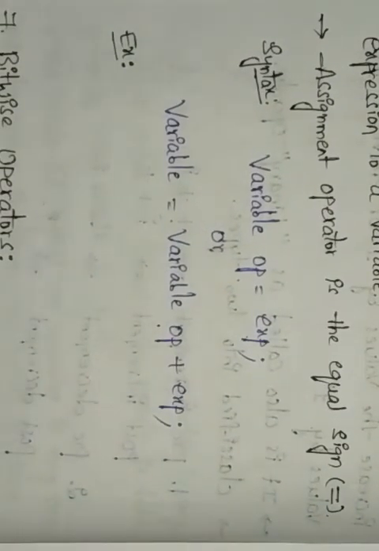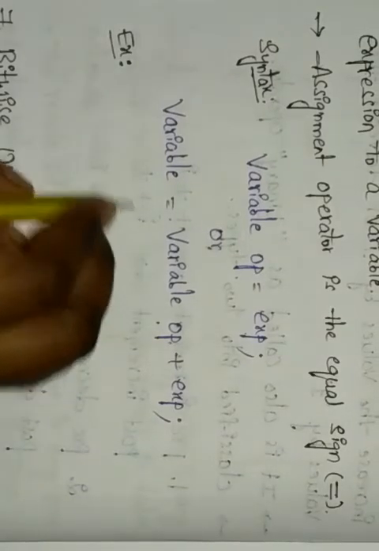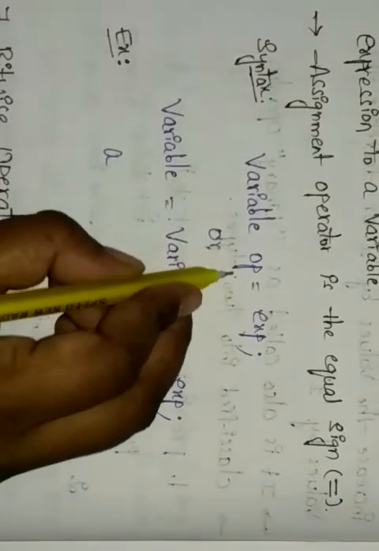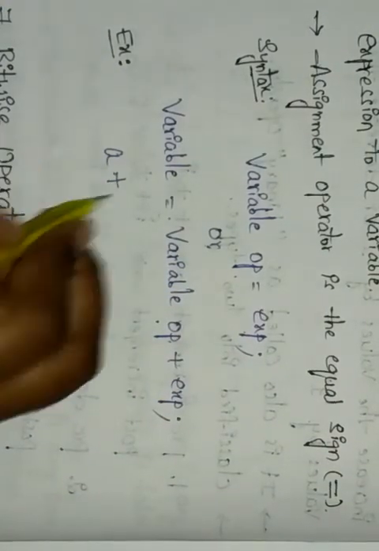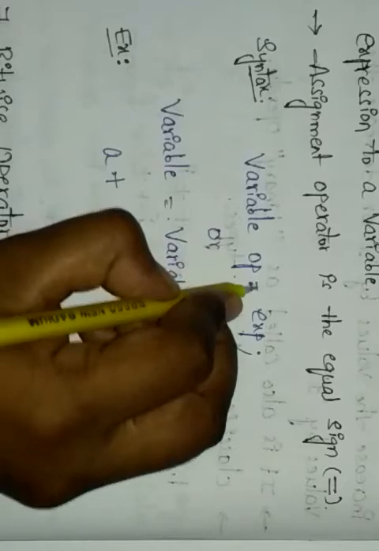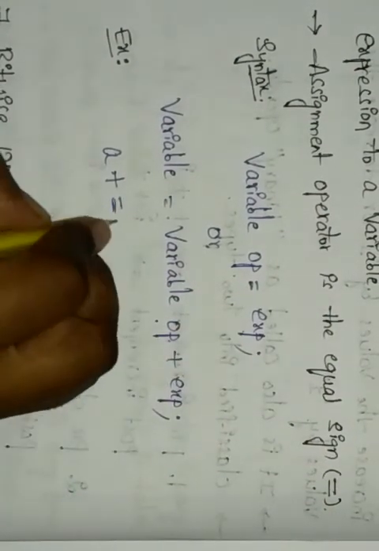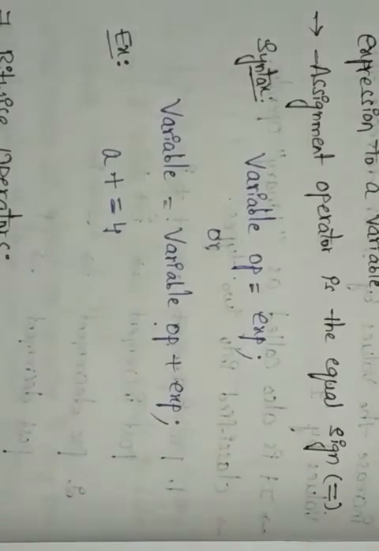Or else you can write variable, operator, plus, expression. For example, I am giving the variable A, the operator addition, after that the equal to, and for the expression I am giving the value. Like this we can perform.